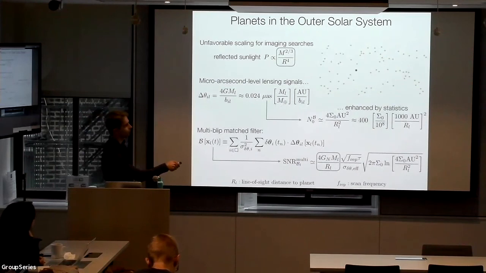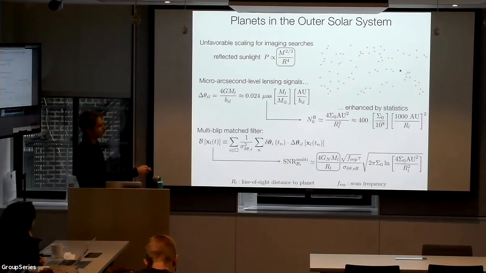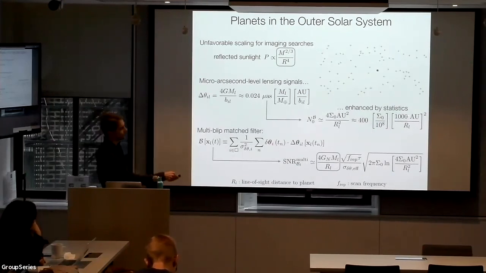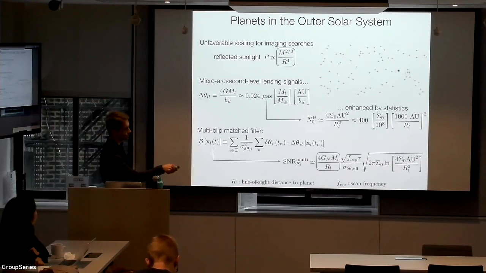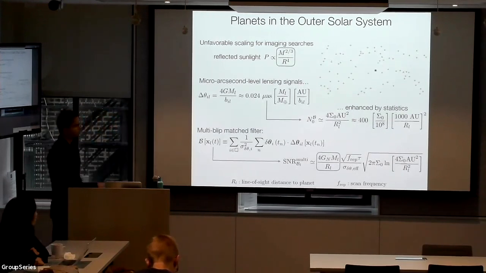So even an Earth mass planet, if the impact parameter is an AU, which is a large impact parameter, it produces a sizable lensing deflection. And even if it's 1,000 AU away, so at the edges of, or approaching the edge of the solar system, its motion is so large that the impact parameter changes by order 1 for 400 stars. So it would look more or less like this picture, at least in one instance of time.